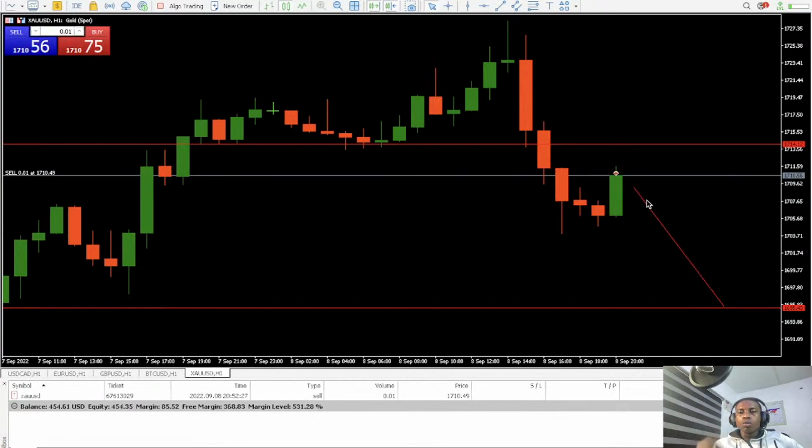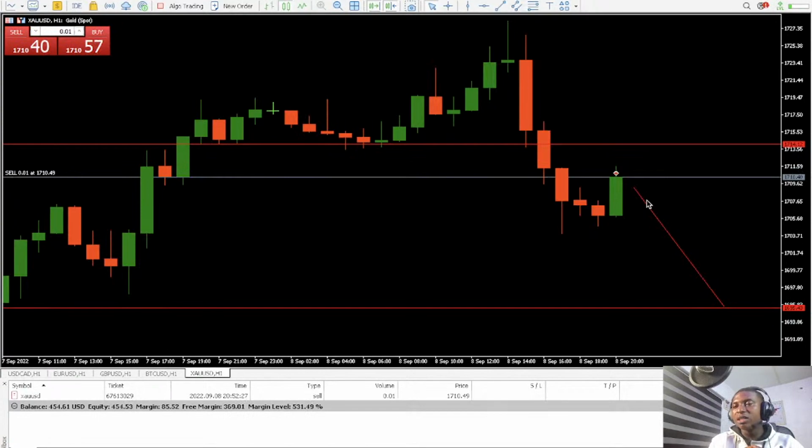Here are the points I have always set for myself. I set my take profit at the next support or resistance level. So now that we are taking a sell position, I'm setting my take profit at the next support level, and my stop loss at the next resistance level, or a bit above it.